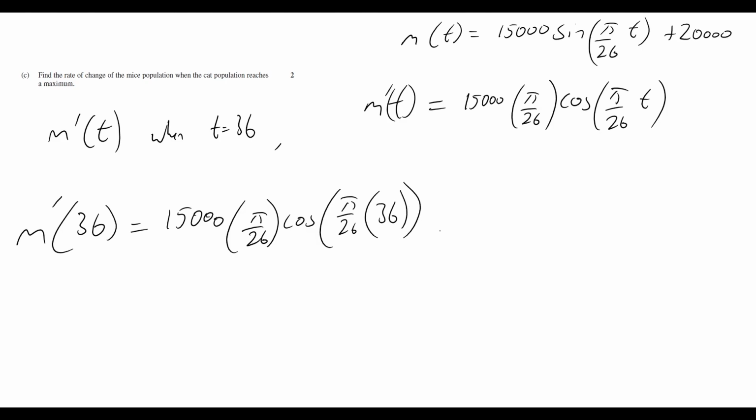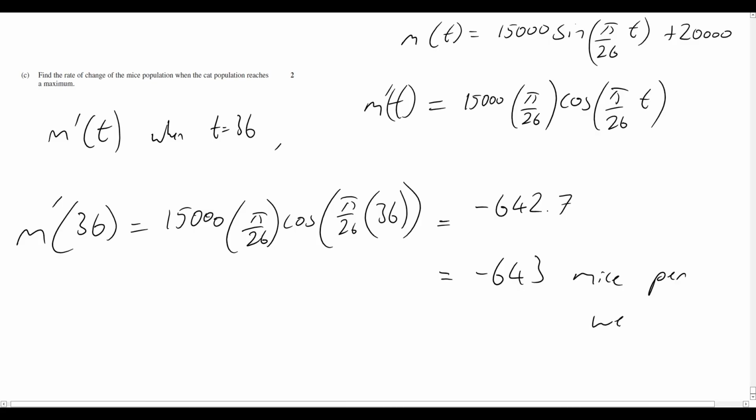Okay, and so now putting that into your calculator, what we get is a value of minus 642.7. And so since we know that we can't decrease the population by 0.7, we'll round that, technically rounding that down to minus 643. So minus 643 mice per week.